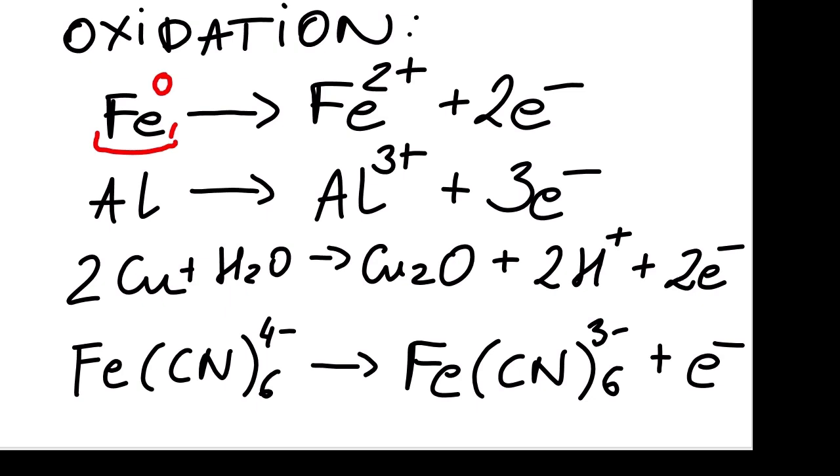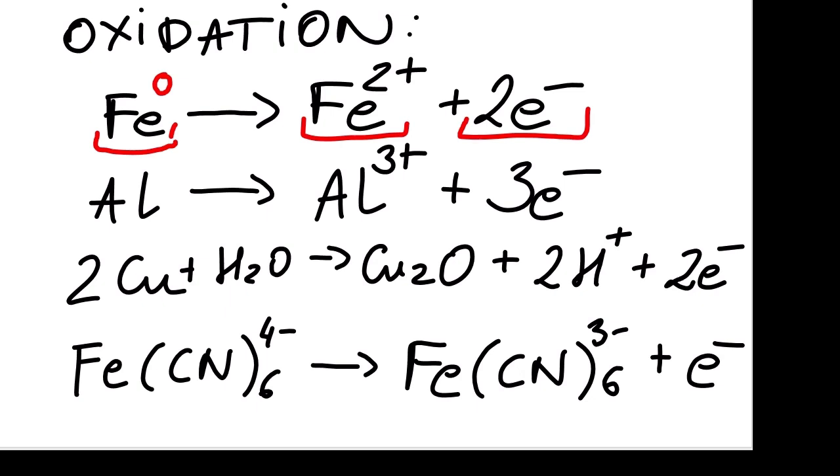It stands alone in a metallic form. So you could see that there is an increase of the oxidation state of the iron. There is an increase of the charge, so there is a creation of an iron cation. This atom loses 2 moles of electrons.